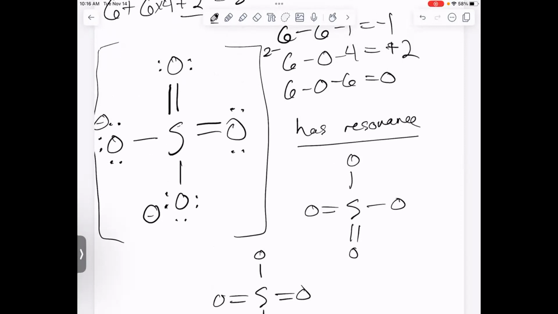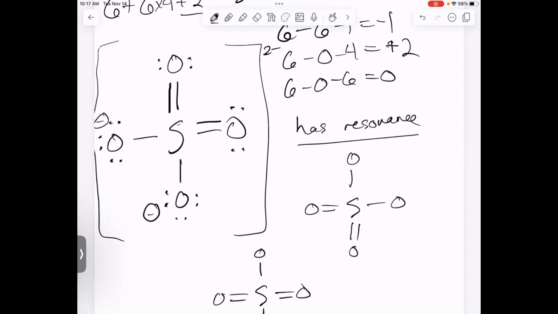I have 2 double bonds that can be spread across 4 spots. So on average, each one of those bonds is getting an extra half of a bond. So every one of those sulfur-oxygen bonds isn't a single bond or a double bond. It's really more like a bond and a half each, because they are all evenly distributed.